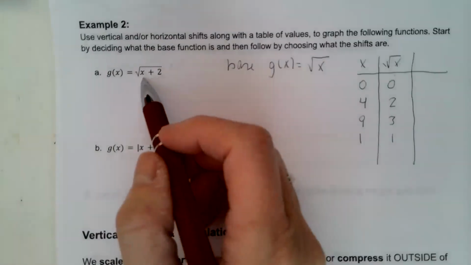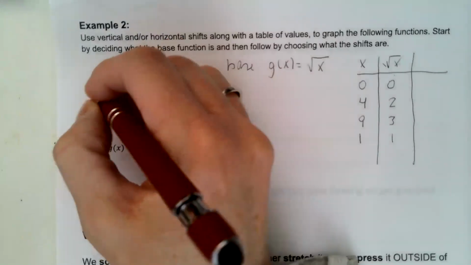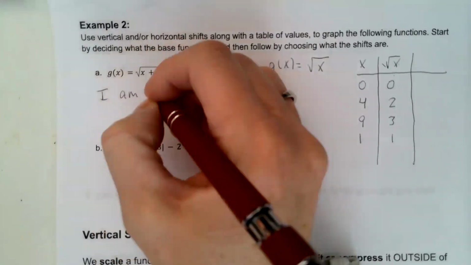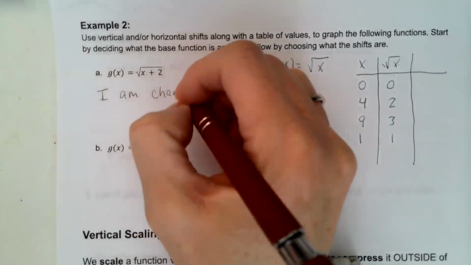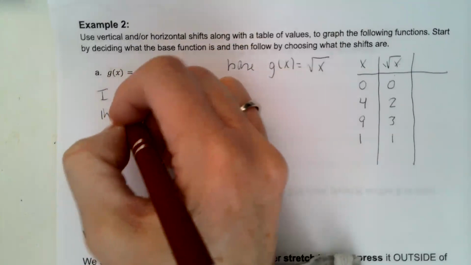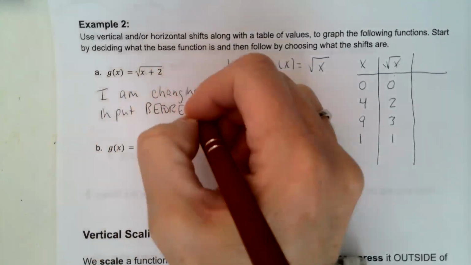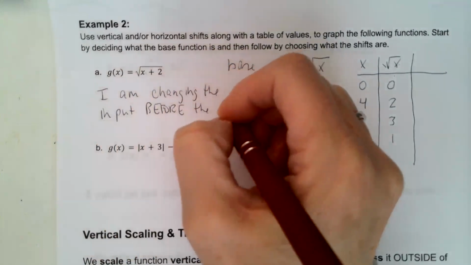So x plus 2, I'm changing the input before I take the square root. In words, I'm changing the input before the square root.